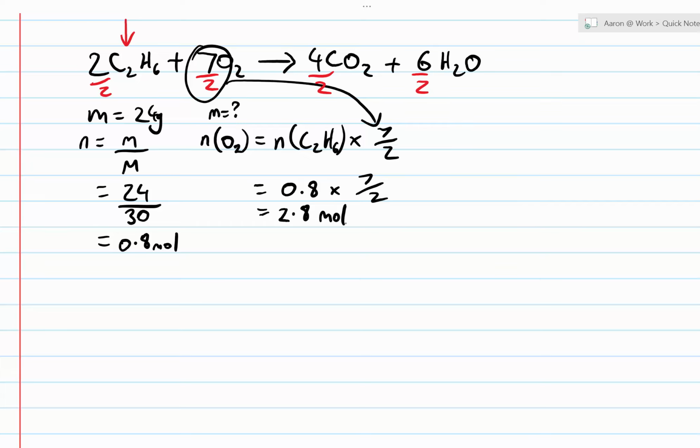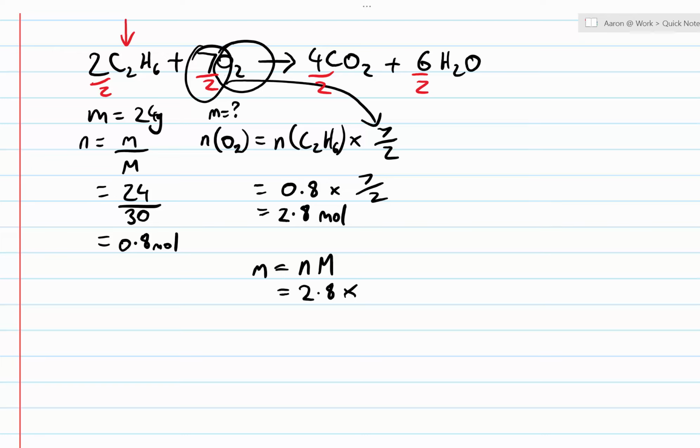So we want to work out the mass of oxygen we require. Our mass is equal to nM, so 2.8 multiplied by the mass of O2 here. That's our molecule, so you don't need to include the coefficient when you're working out the mass of the molecule, but you do need to take into account how many atoms are in the molecule.